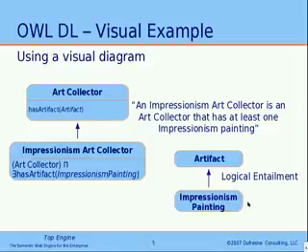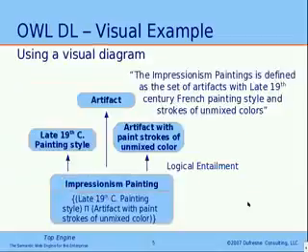And also, impressionist painting was defined as a conjunction of two classes: the late 19th century painting style class and artifact with paint stroke of unmixed color. It logically follows that the impressionist painting class must be a subclass of all those three classes in order for all of the axioms to be true at the same time.